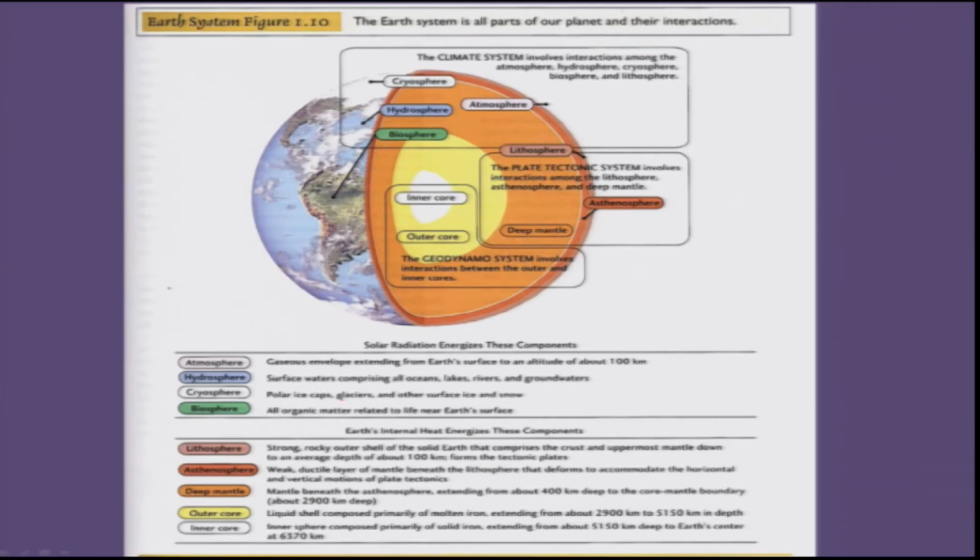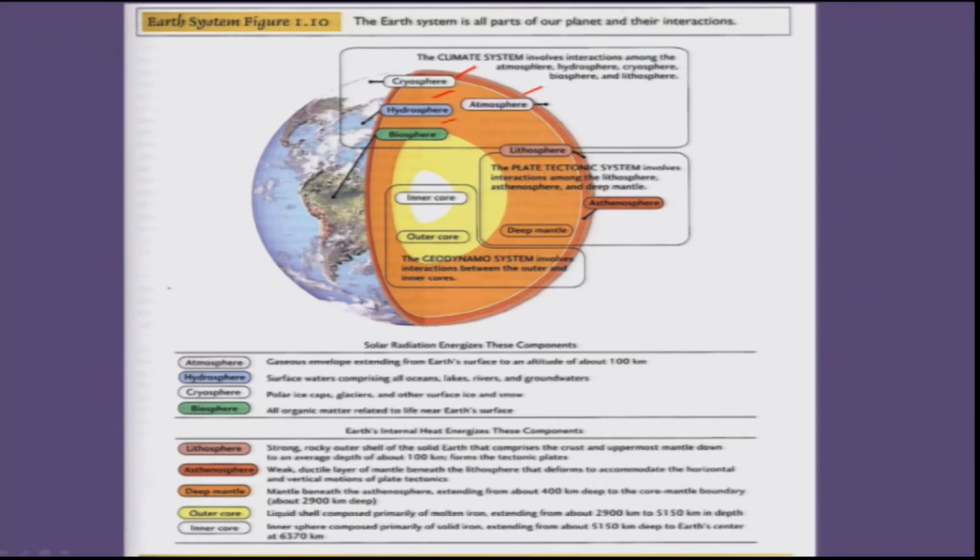So now, in total, what we have discussed is if we look at the earth as a whole system. In the earth system, you have the cryosphere, atmosphere, hydrosphere and biosphere, which mainly deals with the climate system. Then we have the inner side, the plate tectonics.